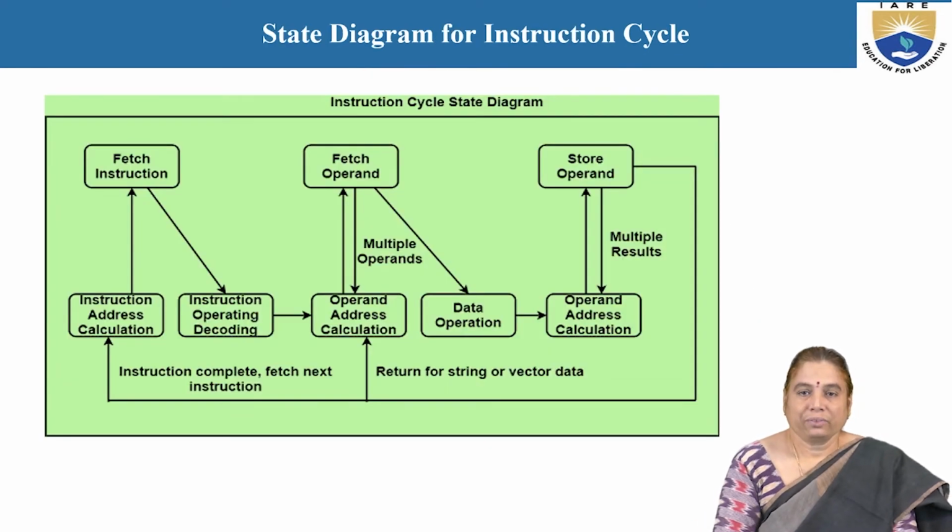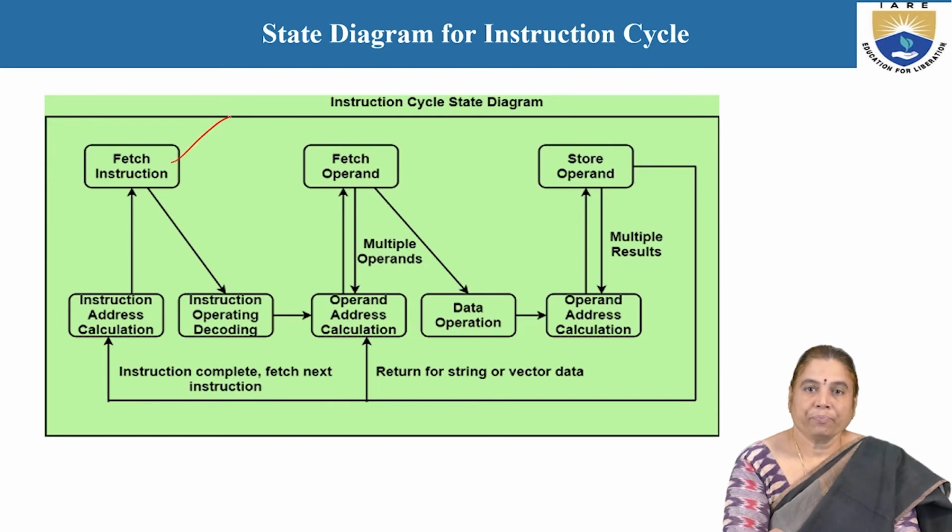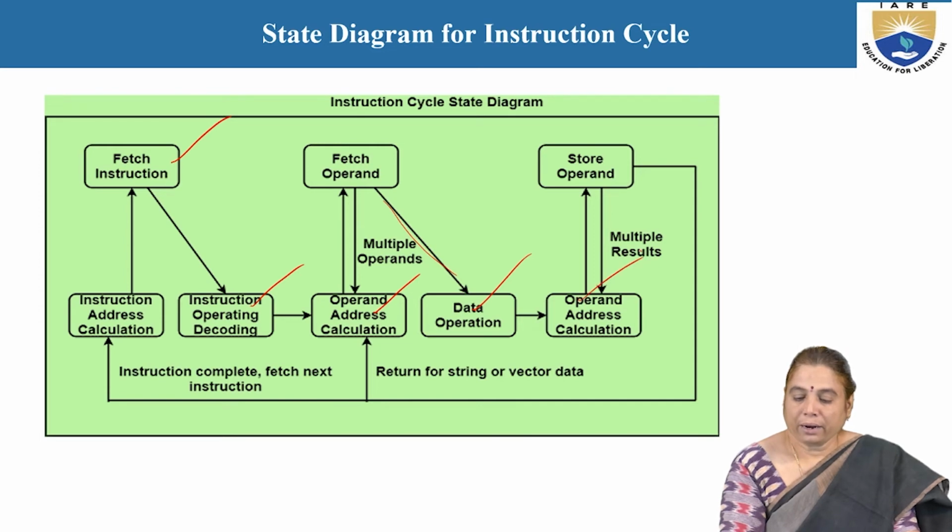What are the states that can be available during the instruction cycle? Instruction address calculation, so fetch the next instruction. Instruction operation decoding can be done. Operand address can be calculated, fetch the operands, data preparation. Then operand address calculation, store operand.